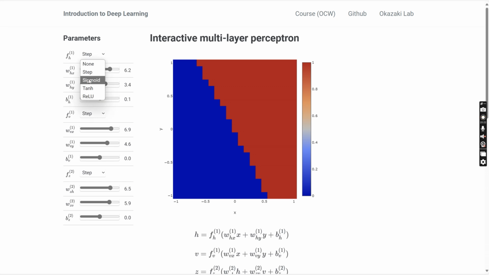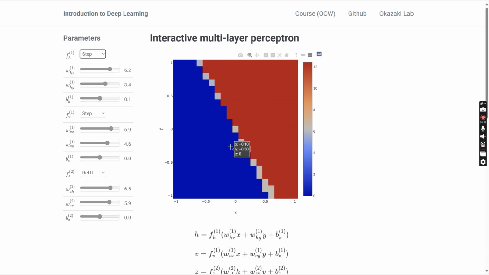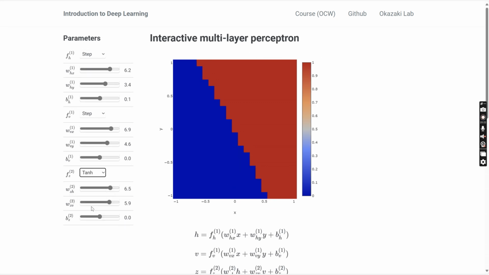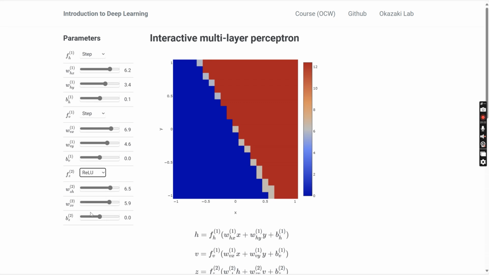Here we have chosen step, TANH we can try, or we can even try a mix of these. ReLU you can try, step you can try, here also you can pass step and ReLU. Step and TANH, step and sigmoid, step and none, step and ReLU.